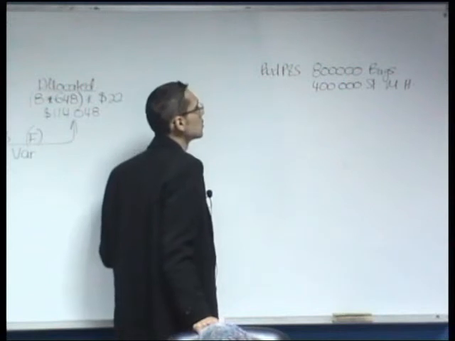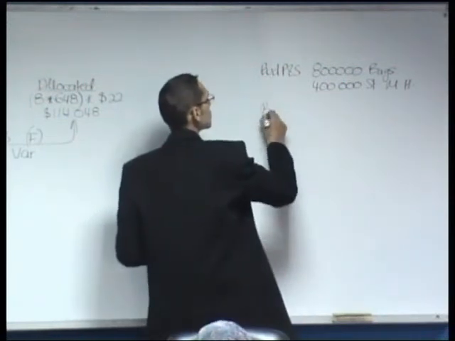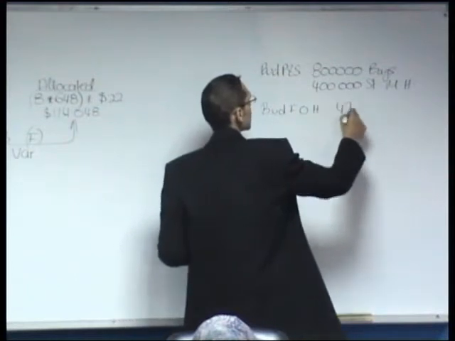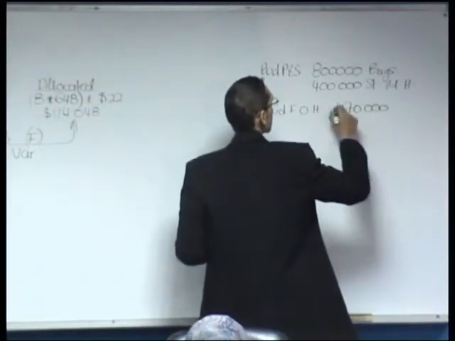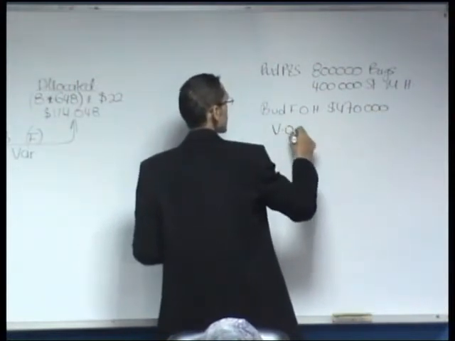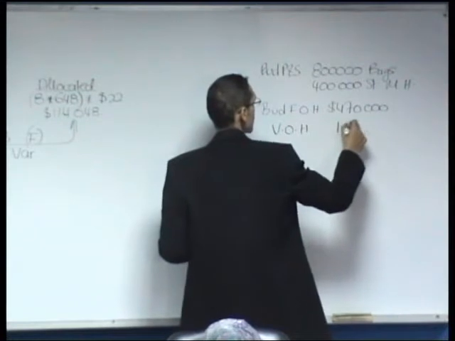Budgeted fixed overhead costs are 470,000. And variable overhead cost is 1.60 per machine hour.